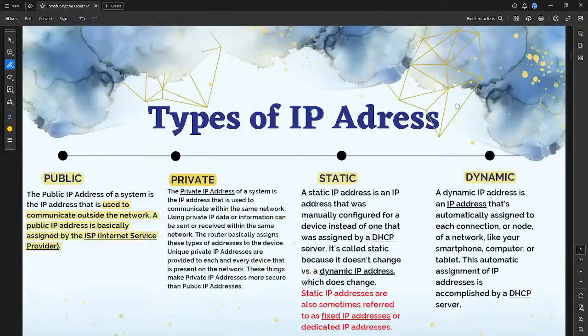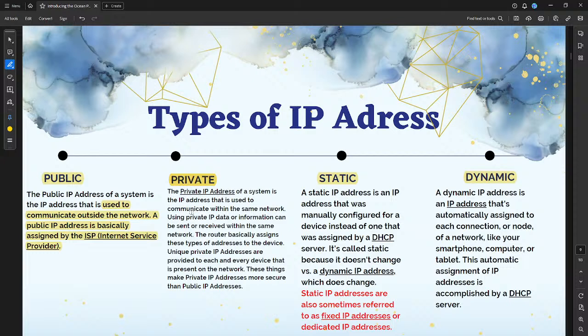So that being said, what is a private IP address? The private IP address of a system is the IP address that is used to communicate within the same network. Using the private IP, information can be sent or received within the same network. So right here, you are not connecting to the internet, you're not moving outside. You're in a local area network, connected to other systems, maybe with the help of a switch, a router or an access point.